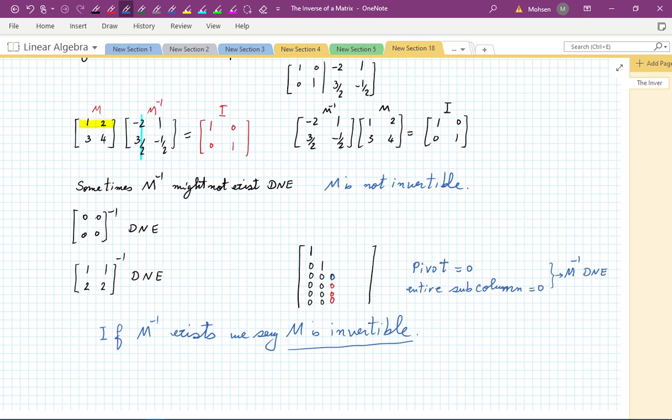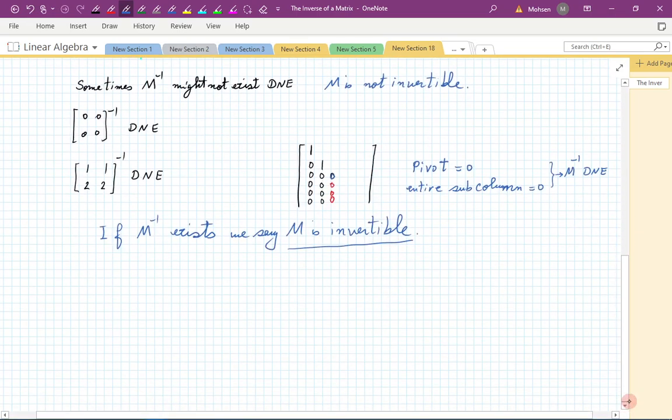Okay, suppose two students work on such a problem. Is it possible for one student to find one answer and another student to find another answer? Is there such a thing? No, it's rather easy to show that if M is invertible, then M inverse is unique.